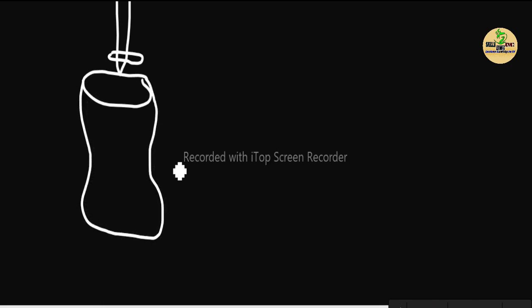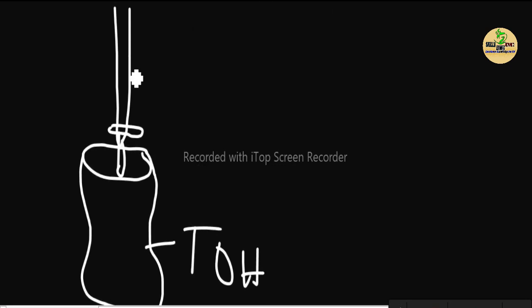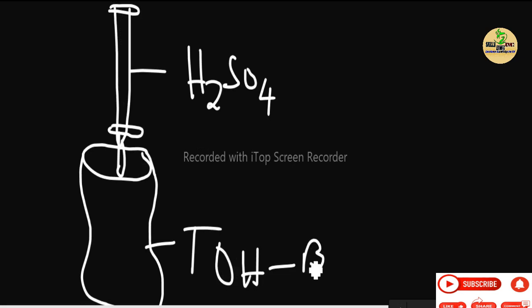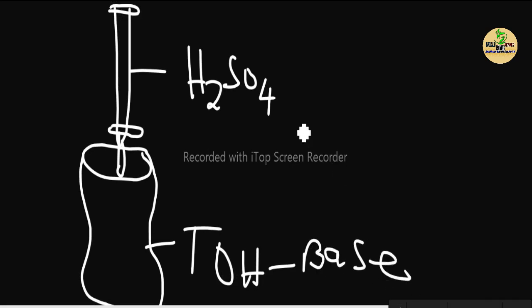When we draw it, here is the burette with the acid, and here in the conical flask we have the base, TOH. So this is the base, and this is the acid.